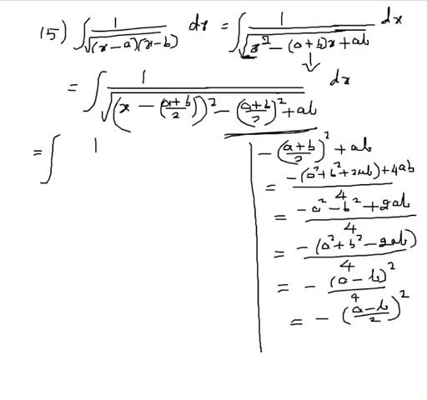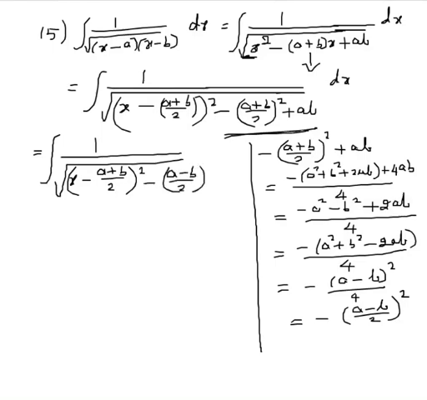Let us write the simplified expression. 1 divided by root of x minus of a plus b by 2 the whole square, and that expression becomes minus a minus b by 2 the whole square dx.